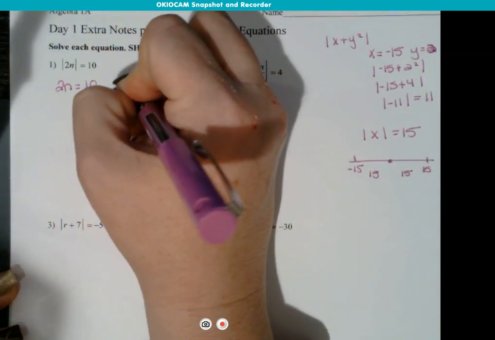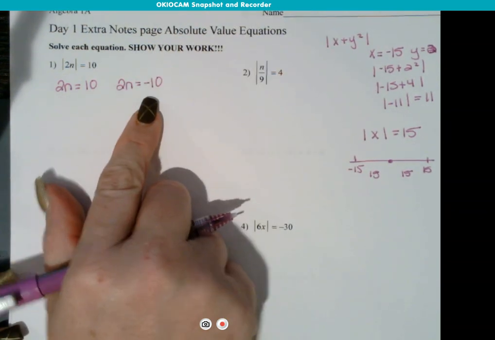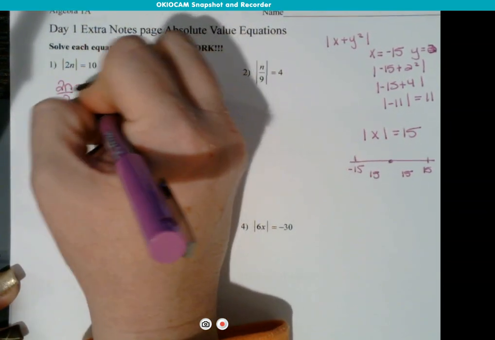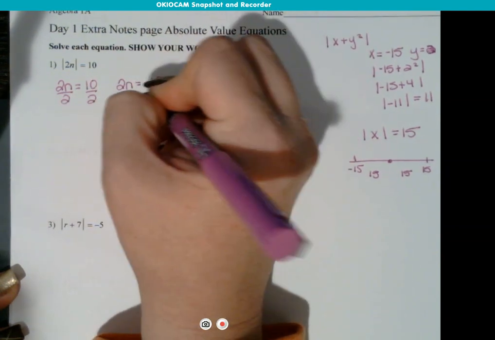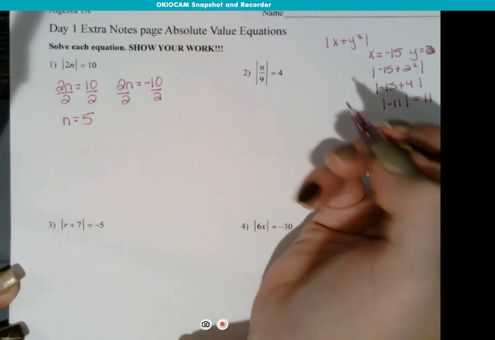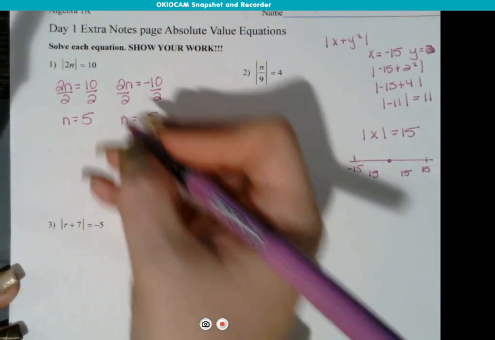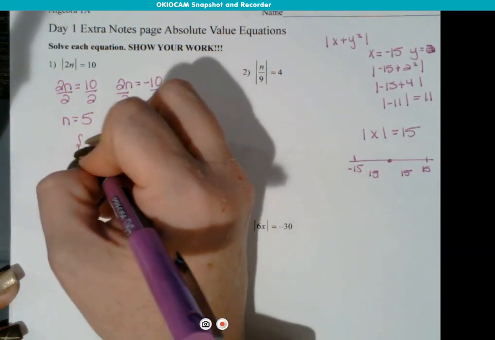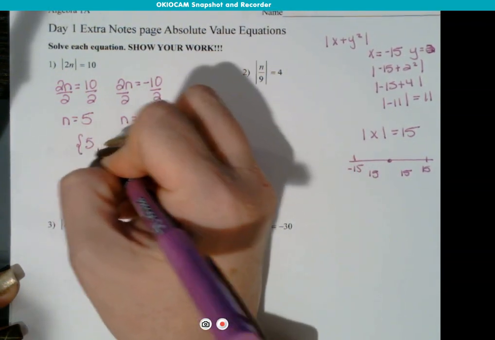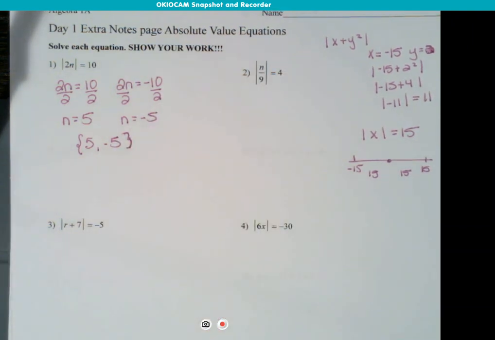So this will be 2n equals negative 10. And then once I set up my two equations, I can solve. So n equals 5 here, and then n equals negative 5 on this equation. So my answer, and we usually use brackets or something like that, it's not a point. We're just saying that our answer is 5 and negative 5.